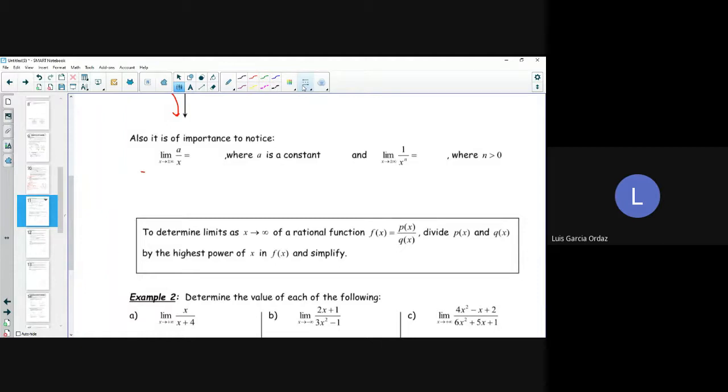You can say this is also equal to, bring the a out of the limit as x approaches positive and negative infinity of 1 over x, where a is constant, so we know that the limit of 1 over x approaches 0, which means that the limit of a over x is equal to 0. We're just basically using rules from limits from unit 1.